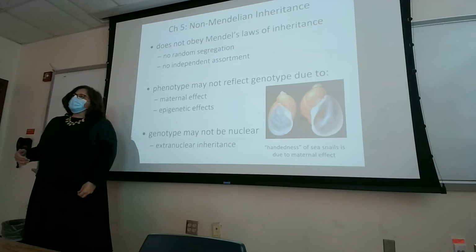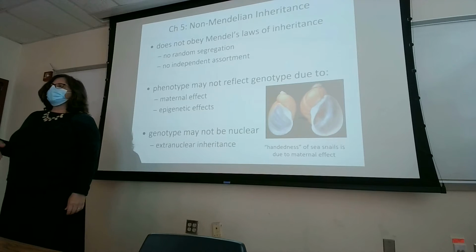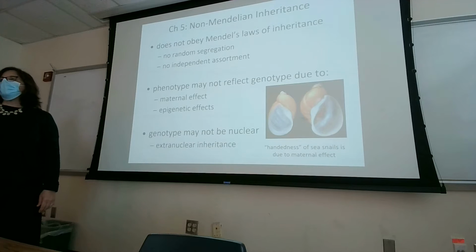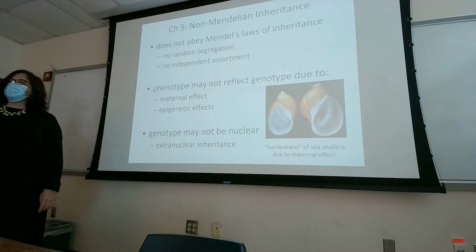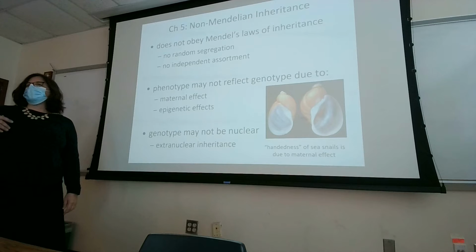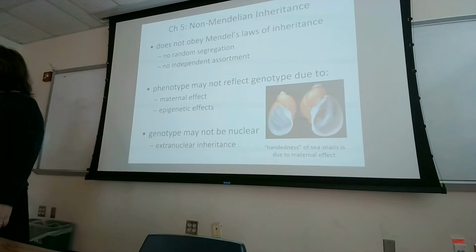Now in this chapter, we're going to be looking at some examples of inheritance patterns, and here we're talking about phenotypes that don't come from the individual's genotype in the way that we normally think of Mendelian inheritance. So maybe a genotype that doesn't cause a phenotype, or a phenotype that doesn't come from a genotype, or a different type of DNA that we've inherited.